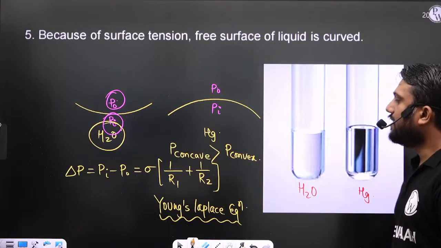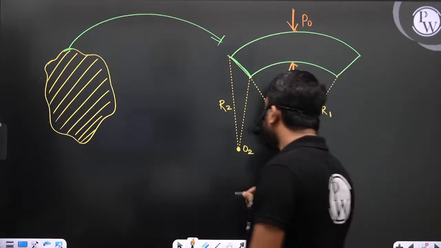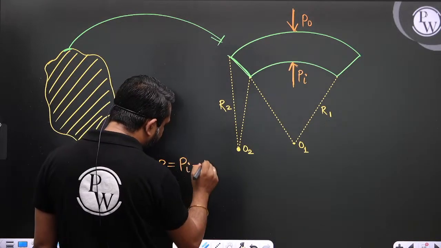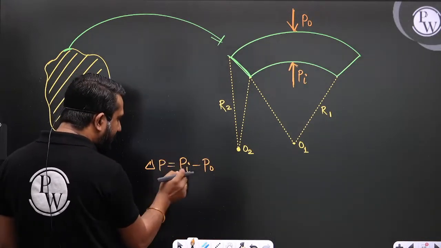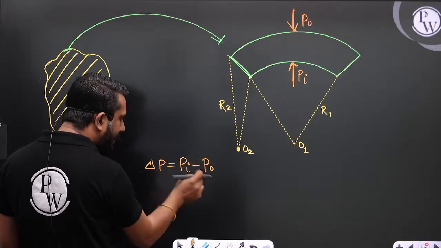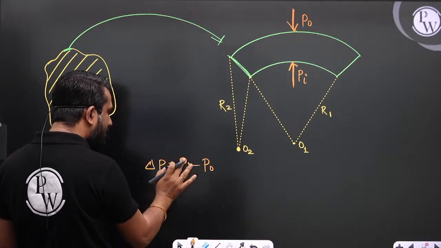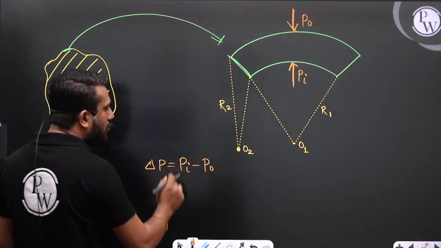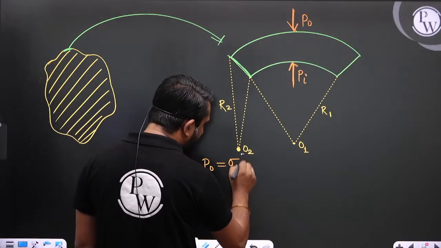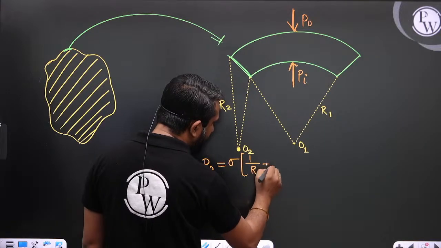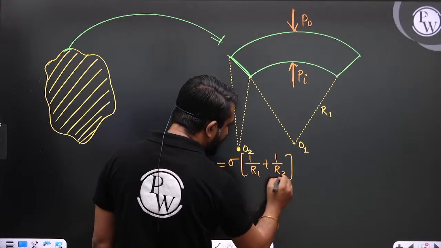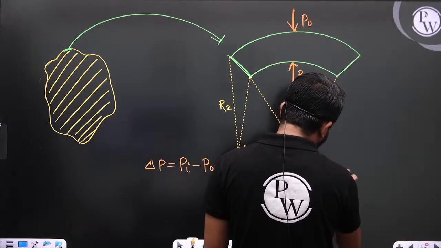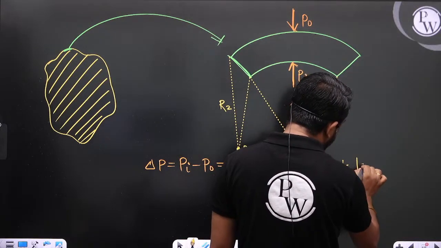This is the Young-Laplace equation. So again I am writing that delta P is nothing but Pi minus P naught. This is the concave side pressure minus convex side pressure, and always the concave side pressure is more as compared to the convex side pressure. So Pi minus P naught is equal to sigma into 1 by R1 plus 1 by R2. This is a very, very important equation. This is the Young-Laplace equation.